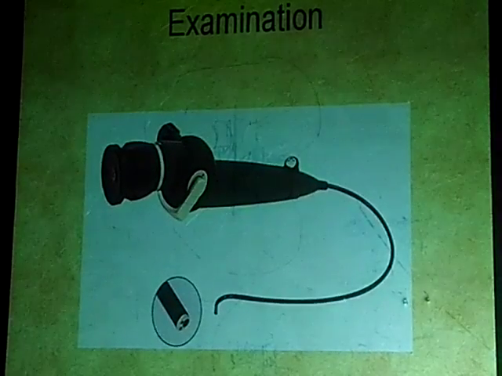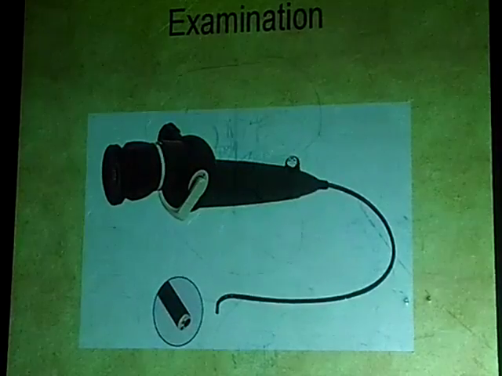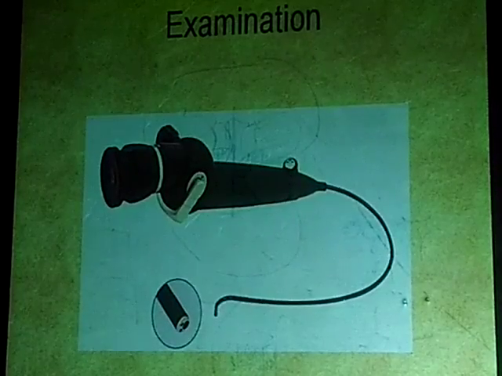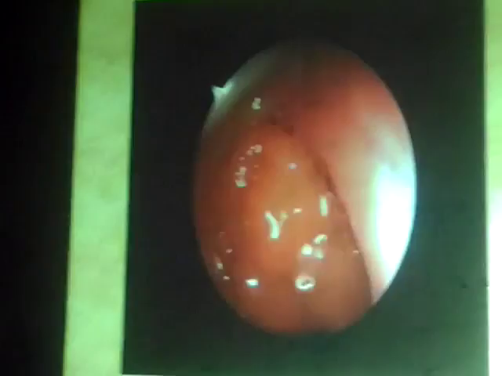So the only accurate way that you can assess the size of the adenoid, whether it is obstructing or not, whether the patient is actually in need of surgery or not, is by doing the nasal endoscopy. This is an example of a child who has already undergone adenoidectomy. He's coming back with symptoms of nasal obstruction, and this was a choanal adenoid.